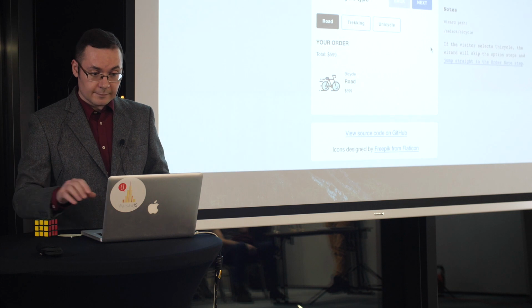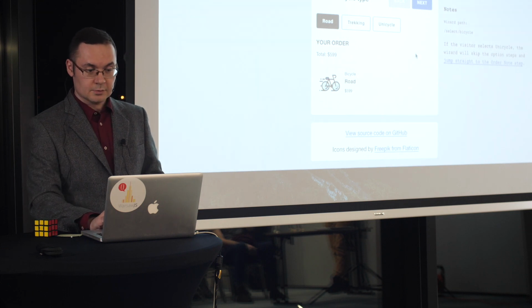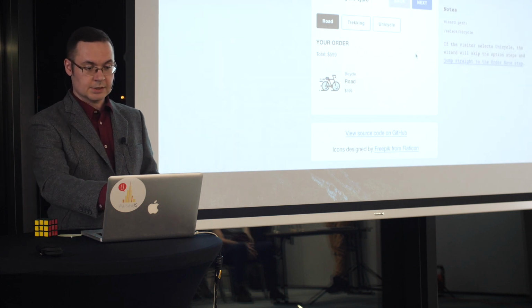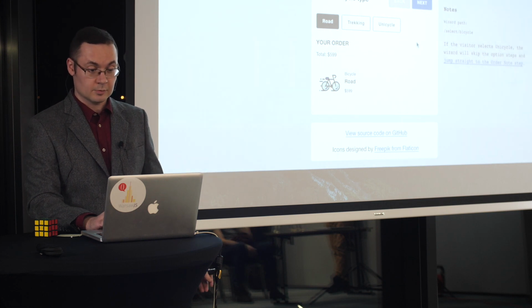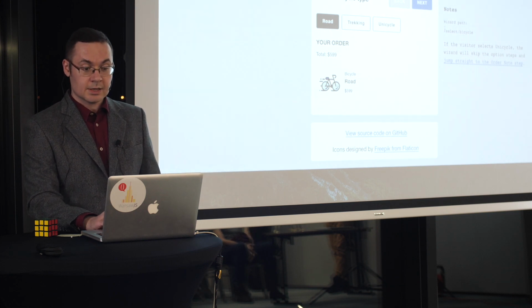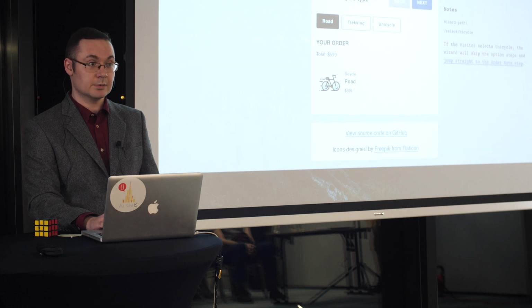So if it's visible to you, we have this initial state, select bicycle type, then we have a back and next button. The back button is disabled because there's no previous step. You can see a note on the side that says wizard's path, and you can see that the URL stays the same.